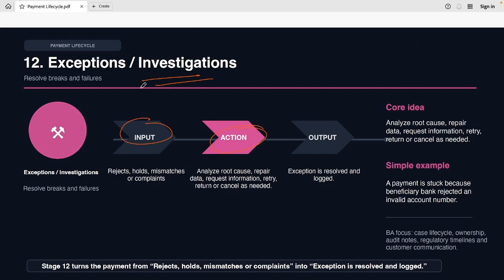So in this particular stage, you should define the exception categories, the case status, ownership, retry rules, regulatory timelines, return and cancellation processes, the repair permissions, audit requirements, and so on. Therefore, stage 12 converts a failed, held, rejected, or mismatched payment into a documented and resolved exception.